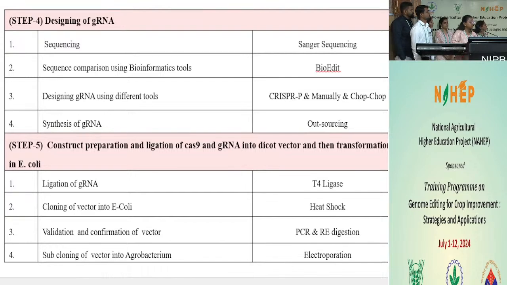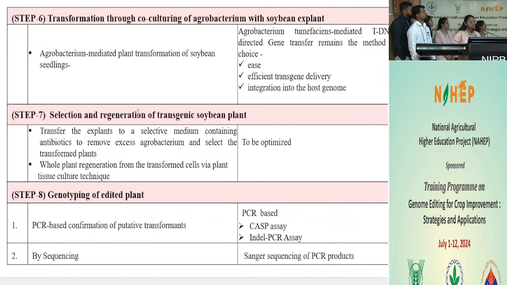And in step 6, we are going to do transformation through co-culturing of Agrobacterium with soybean explant. For this, Agrobacterium mediated transformation was selected because Agrobacterium is easy, feasible, and has high transgene delivery.